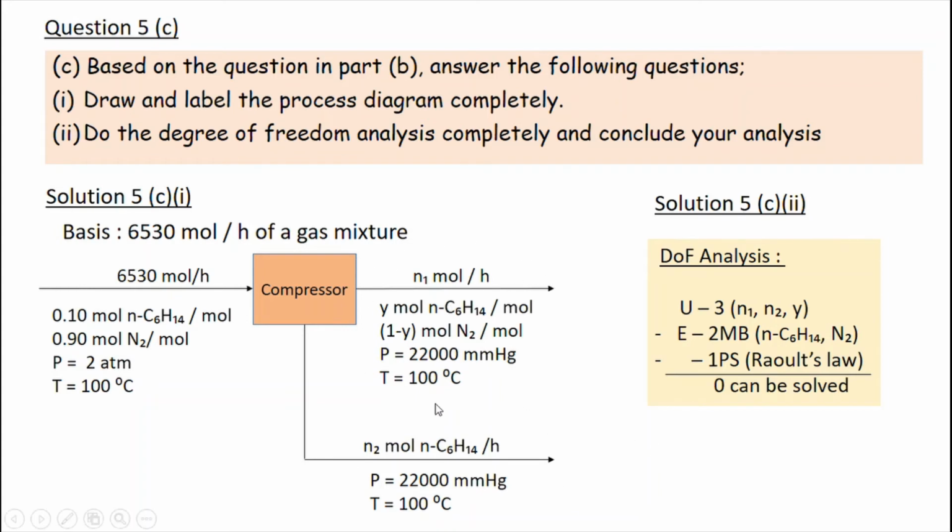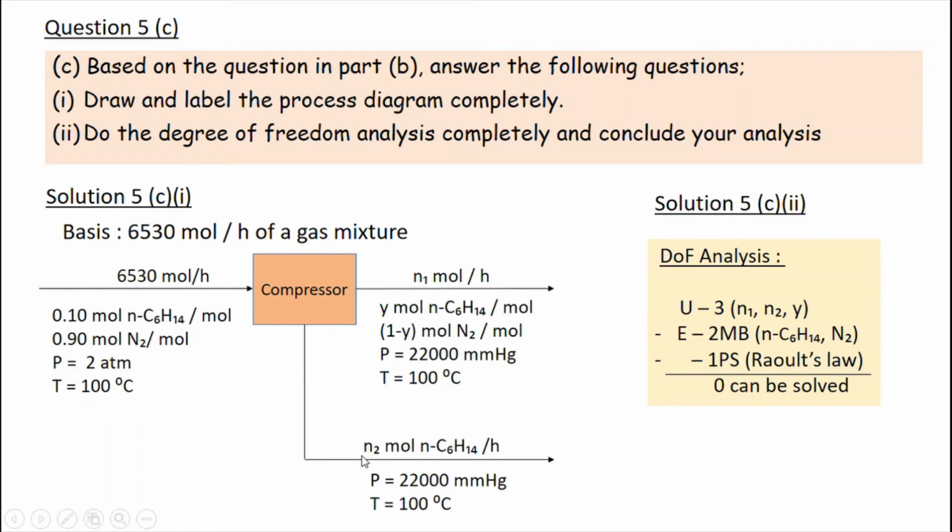At the top stream we have N1 as the unknown molar flow rate, Y as the unknown mole fraction of N-hexane, and 1 minus Y as the mole fraction of nitrogen.